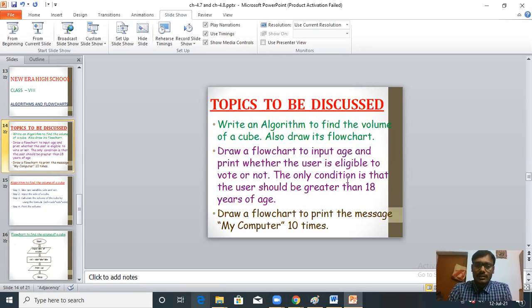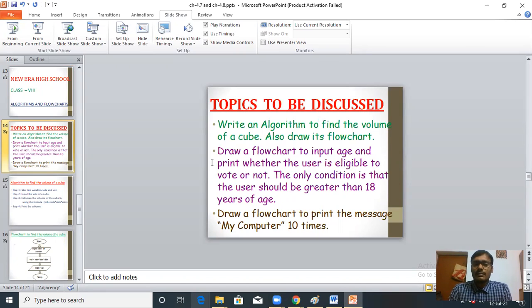I'm going to discuss the following topics. First one is to write an algorithm to find the volume of a cube. Also draw its flowchart. Second, draw a flowchart to input age and print whether the user is eligible to vote or not. The only condition is that the user should be greater than 18 years of age.